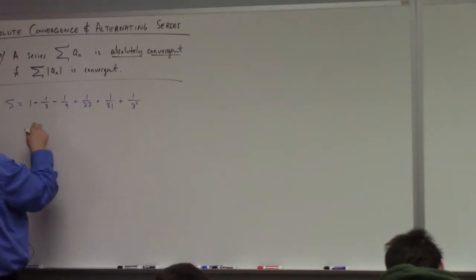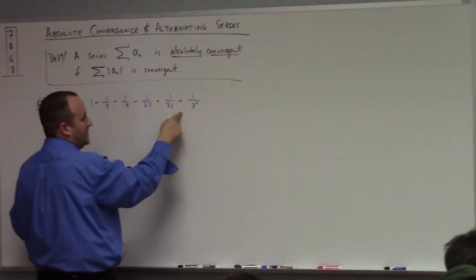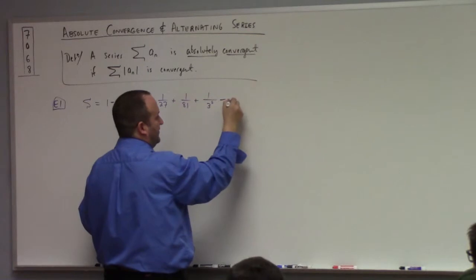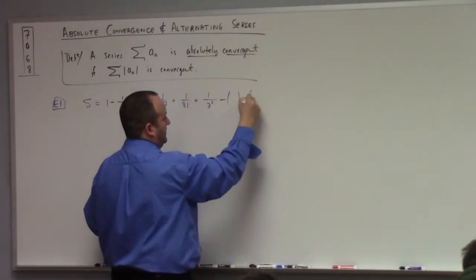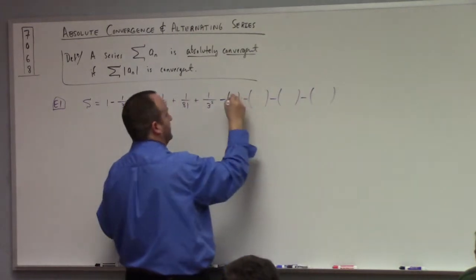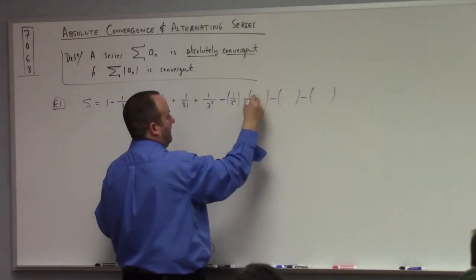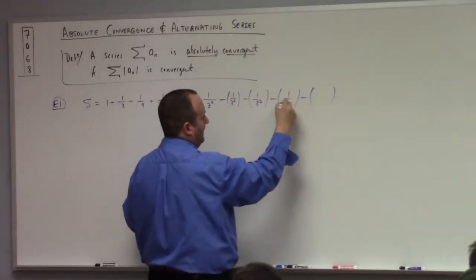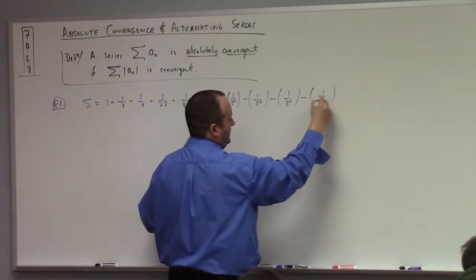So I've got 2 minuses, now I've got 3 pluses, and then the next I've got the same pattern but with 4 minuses, right?